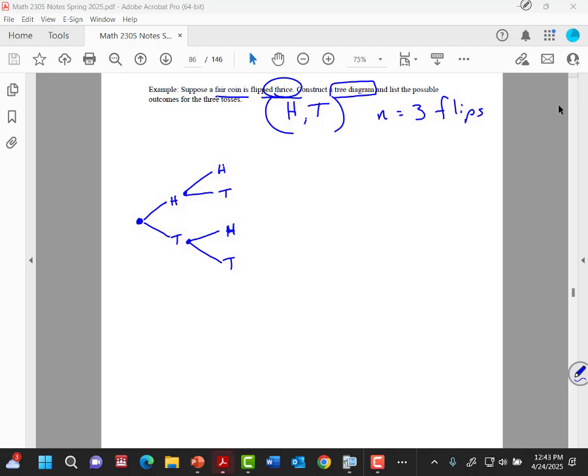And so I just continue this tree, more or less, and we'll define what a tree is later in a mathematical setting when we discuss graph theory. But I continue to do this for the number of flips, and I'm going to do it one more time because I flipped the coin thrice.